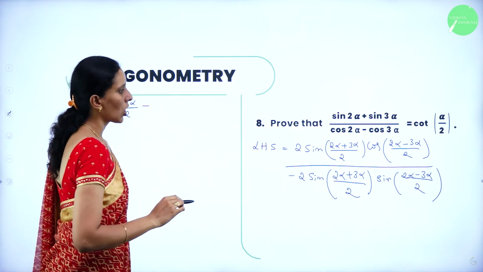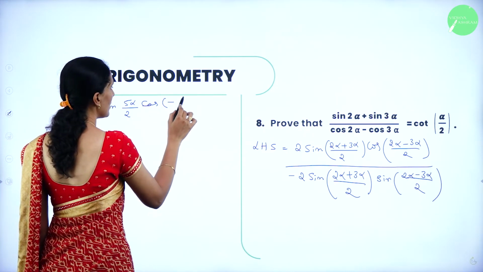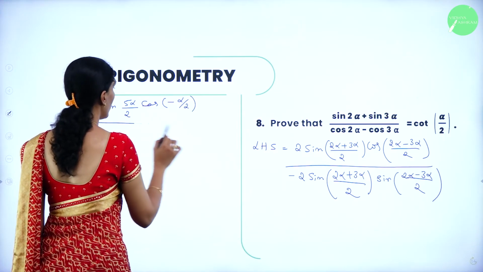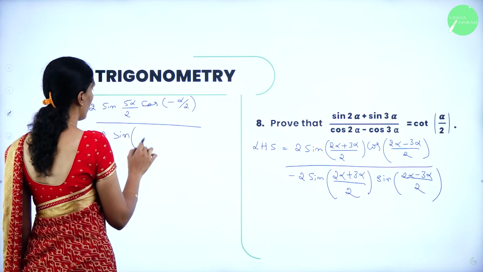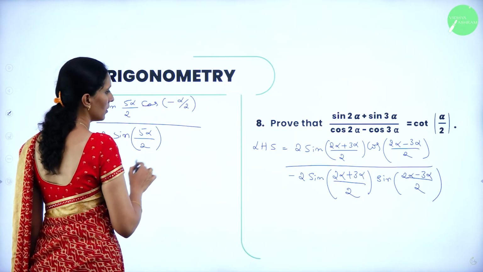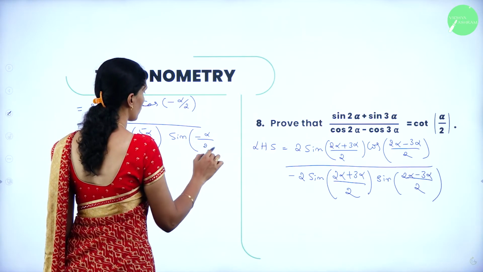Here it is cos of 2 alpha minus 3 alpha, which is cos of minus alpha by 2, whole divided by minus 2 sin 5 alpha by 2, and that is sin of minus alpha by 2.